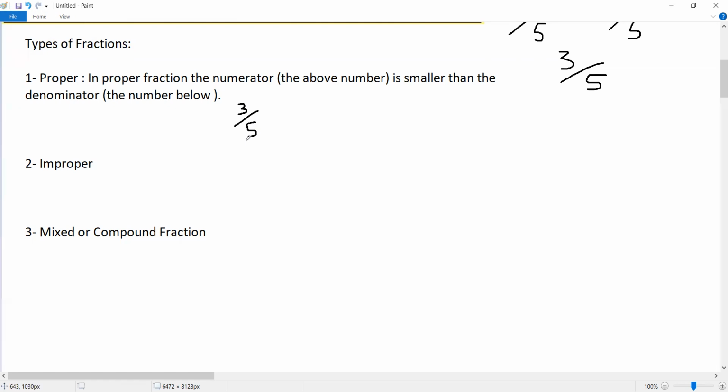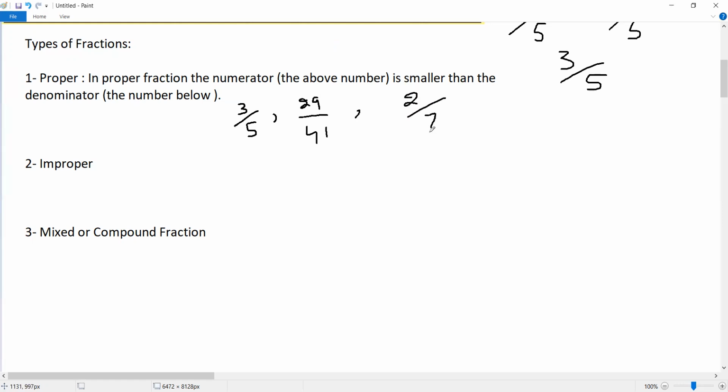So the numerator is smaller and the denominator is bigger. Therefore, this is a proper fraction. Similarly, 29 over 41 is a proper fraction. Why? Because 29 is smaller and 41 is bigger. The numerator is smaller and the denominator is bigger. Therefore, this is a proper fraction.